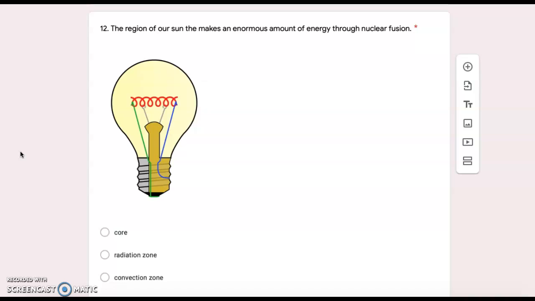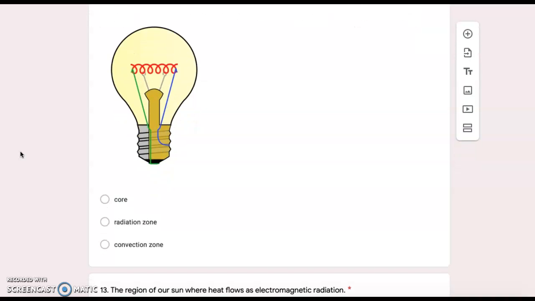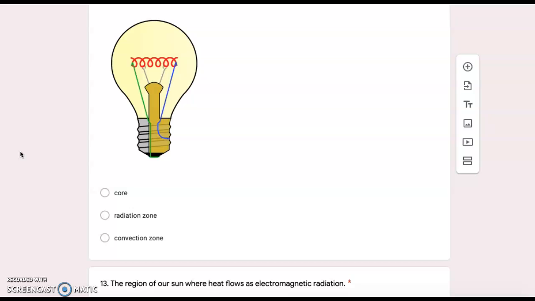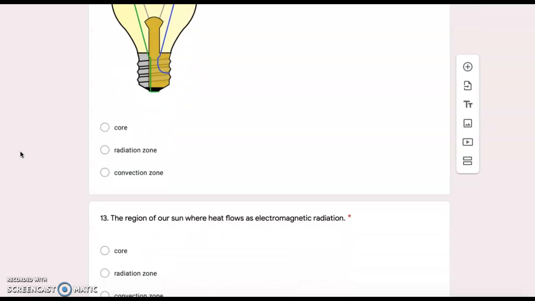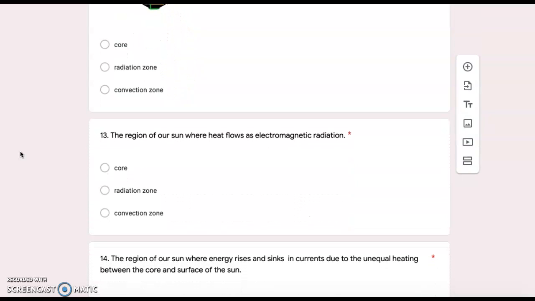Number 12. The region of our sun that makes an enormous amount of energy through nuclear fusion: core, radiation zone, or convection zone. 13.